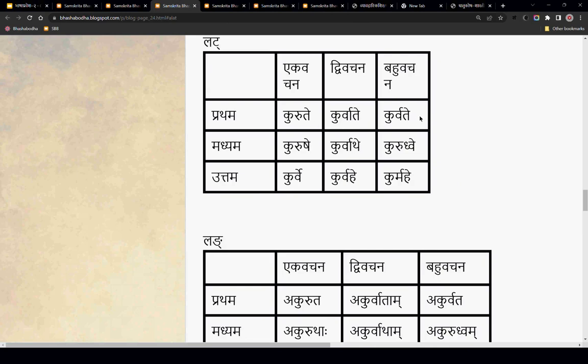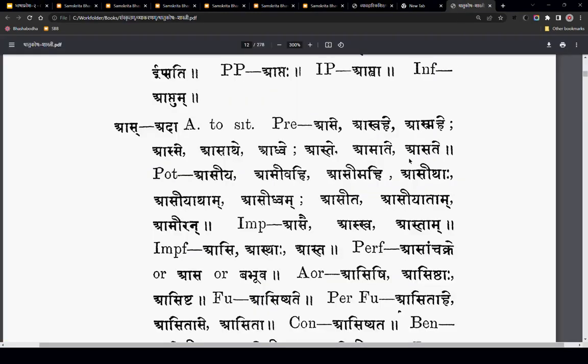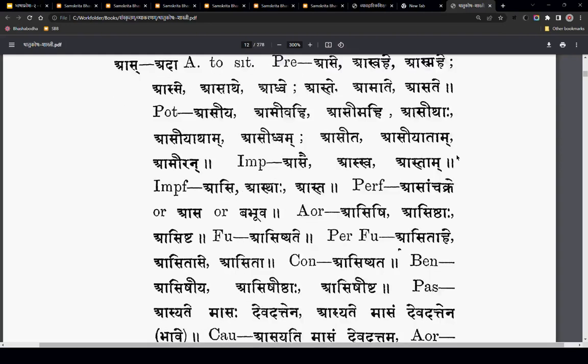Everywhere it doesn't need to be ante, but generally you will find this pattern: te, ete, ante, she, ethe, dhve, e, vahe, mahe. Here you see aste, asate, asate, asse, asathe, advhe, ase, asvahe, asmahe.